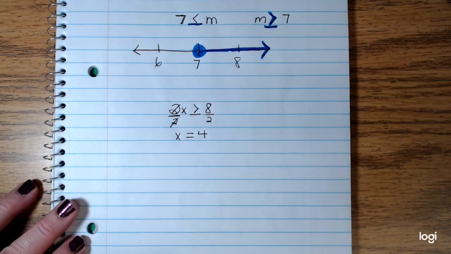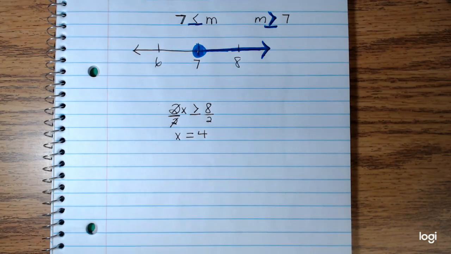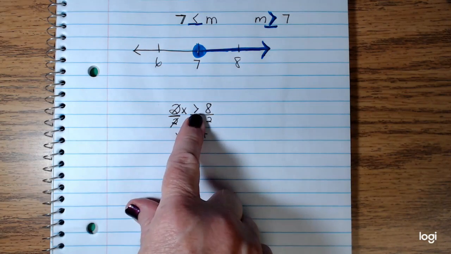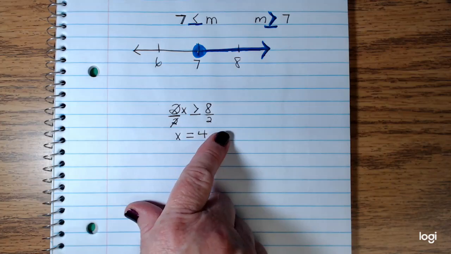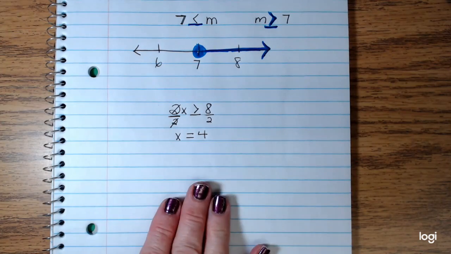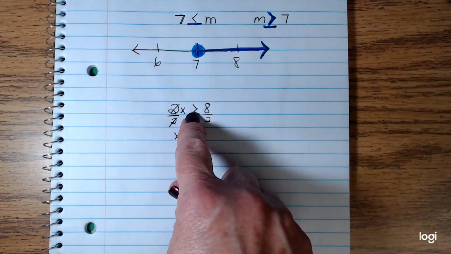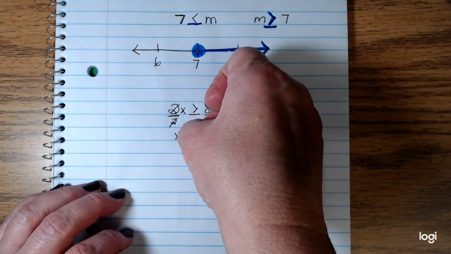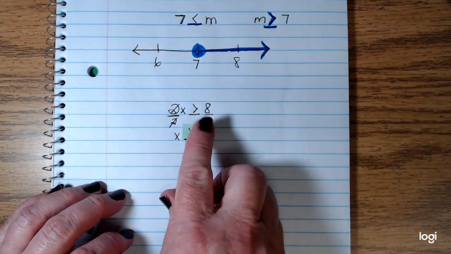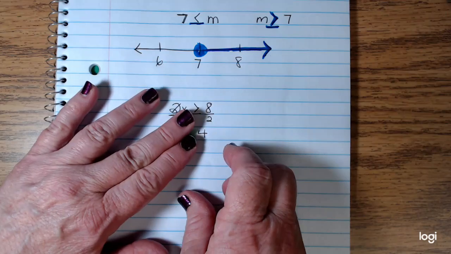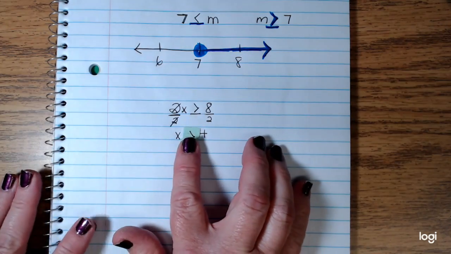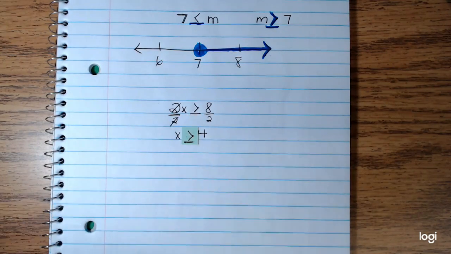It is actually an inequality, and it is greater than or equal to. And the whole reason I wanted to show you that is because even though we have an inequality, we're going to solve it just like we would a regular equation. And instead of bringing the equal sign down, we would bring down here this symbol. So I would basically solve my problem, if I can get that on there perfectly, which I can't.